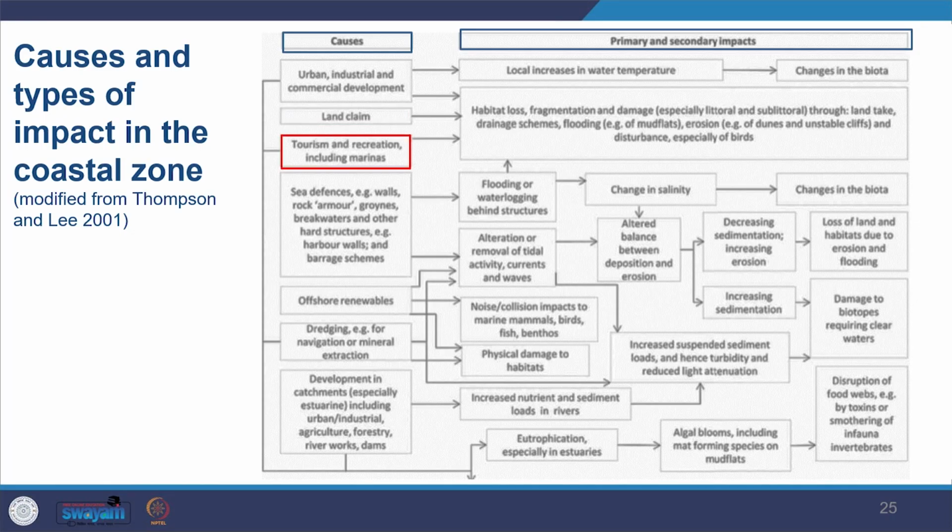Then, looking at the problems associated with tourism and recreation, you must have traveled to a lot of places and coastal areas which are very popular tourist destinations. You would see a lot of direct impact where more and more visitors come, and it really affects the sensitive ecosystem, and it also affects the sand dunes in particular.